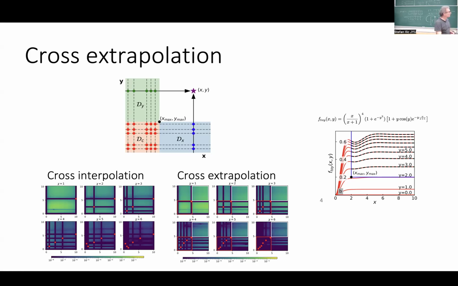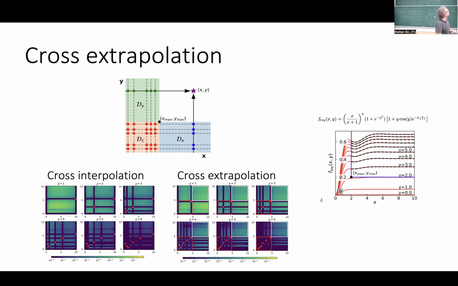If that is the case, then you can use cross interpolation to calculate everywhere from the knowledge of this cross. So it's the same thing as cross interpolation, except that you force the pivot to be in this corner. So you use the matrices A11, A21, and A12, which you actually have, and this would be the A22 matrix.